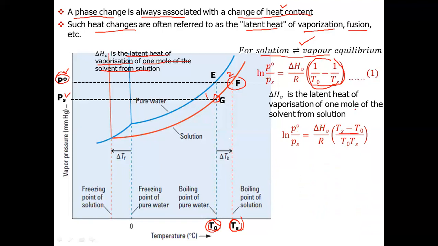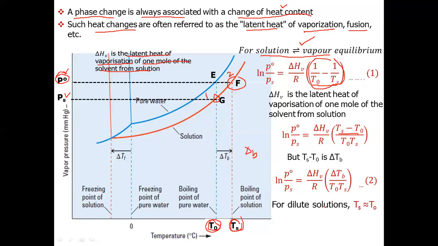Ts minus T naught is delta Tb, the elevation in boiling point. So putting the value of Ts minus T naught, we get the equation: natural log P naught by Ps is equal to delta Hv by R, delta Tb divided by T naught multiplied by Ts.